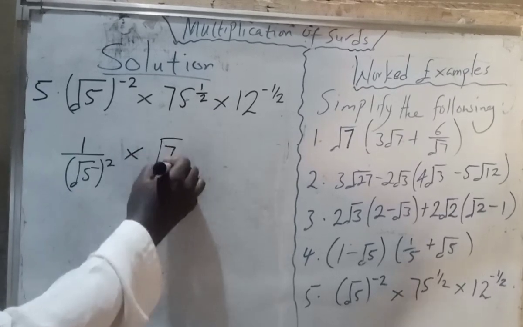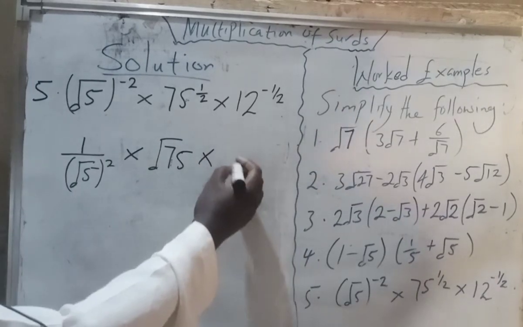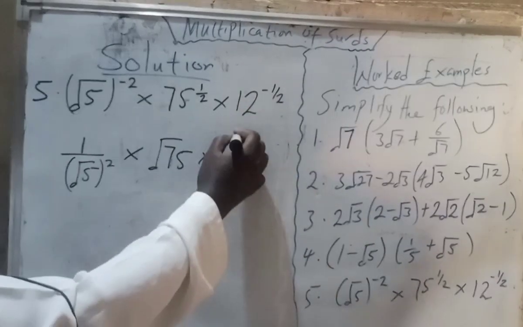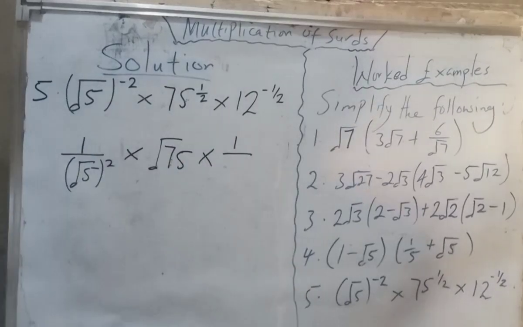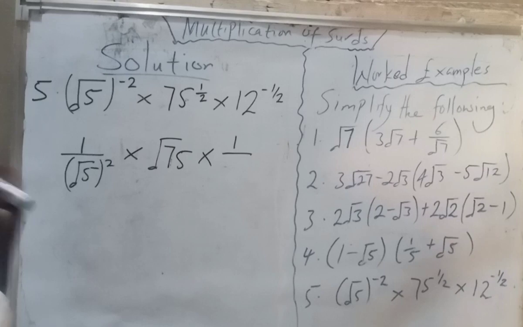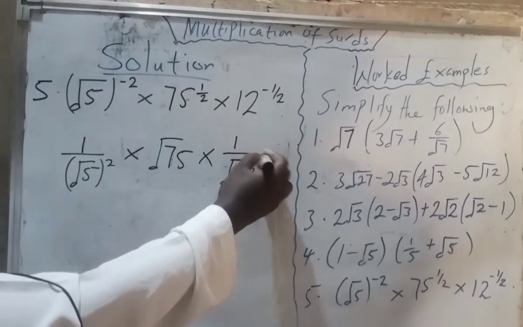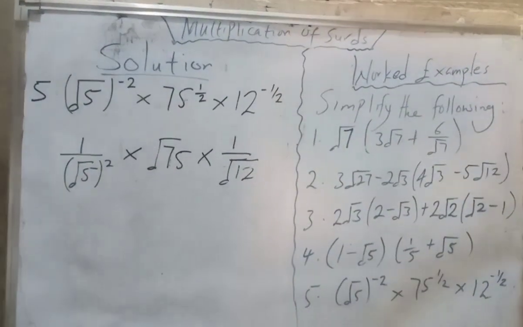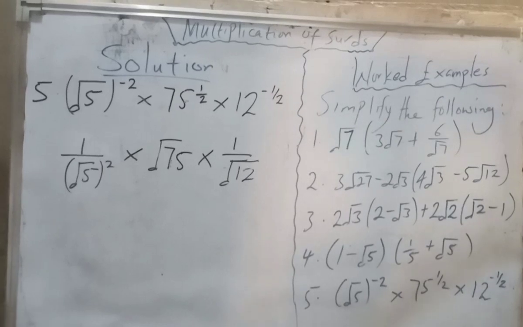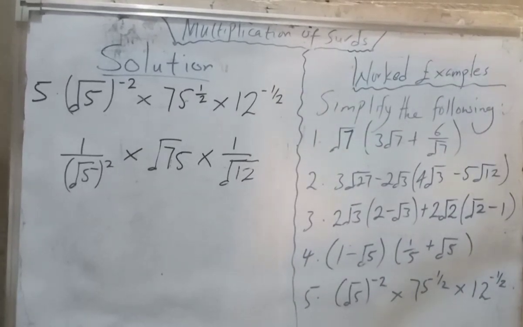Multiplied by this can also be expressed as 1 over, then the half is the same as the root of the number. So this is just a simple way of writing the question so that working it becomes very easy for us. Let's now try and simplify the surd.